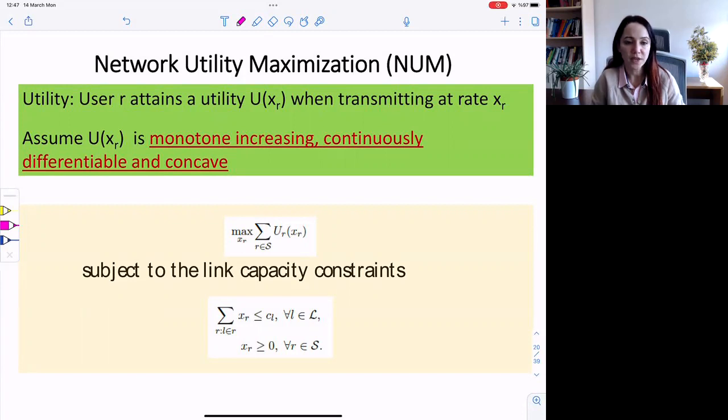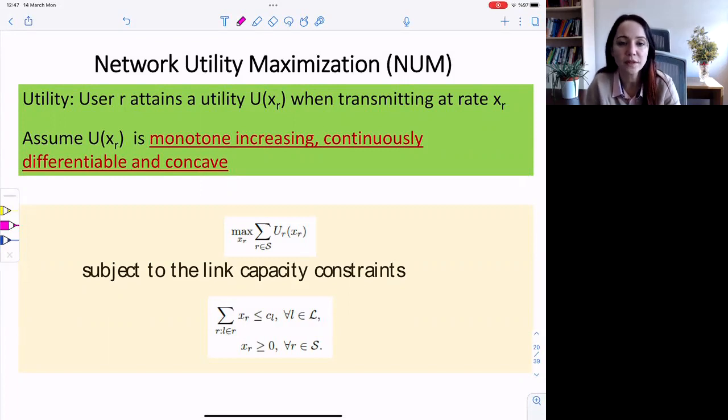We will consider the case when the utility is increasing in rate. And this makes sense considering a lot of classical networking scenarios. Now, continuously differentiable will help us use KKT conditions, concavity as well.